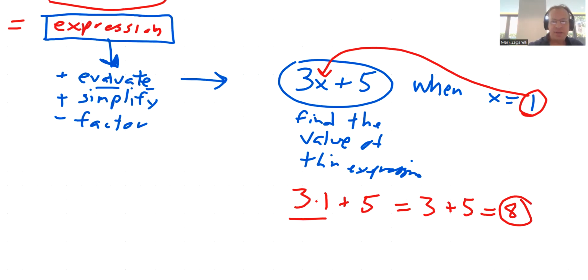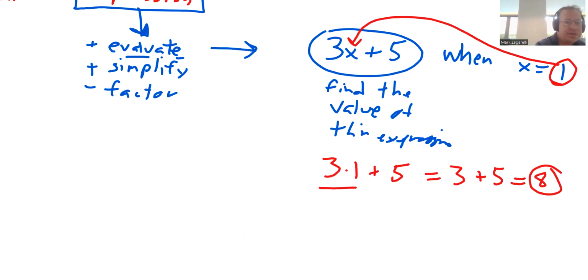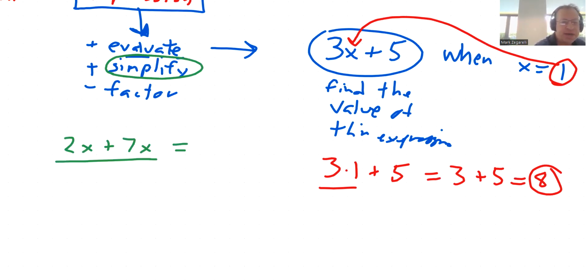And then simplifying. We're going to learn a few more things with simplifying, but for now, do this in green. Simplifying, for example, 2x plus 7x, we can simplify this down. It equals 9x. We could take 10x minus 6x. We could simplify that down to 4x.